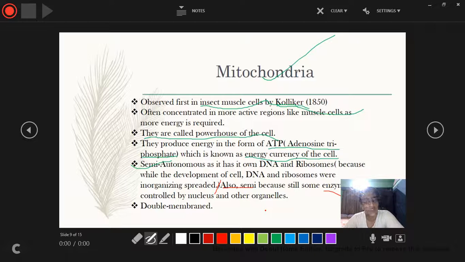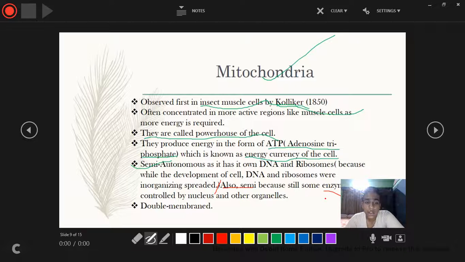I explained what is structure and organelle, and the difference between them. So it is semi because some enzymes it depends on are controlled by the nucleus or other cell organelles. But autonomous because it has its own DNA and ribosomes.